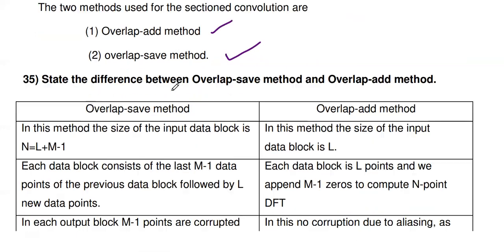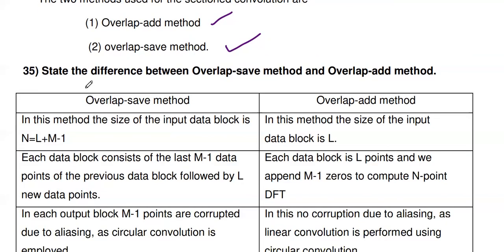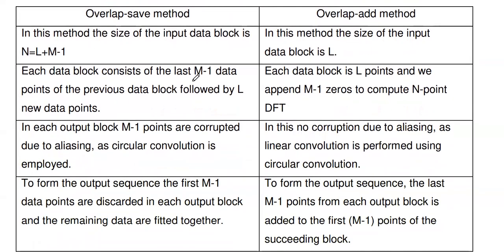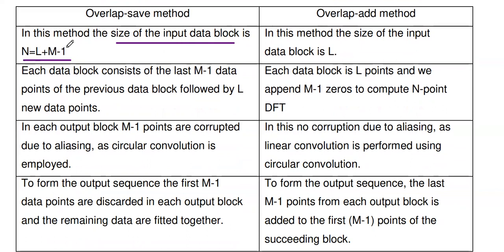And the last question: state the difference between the overlap save method and the overlap add method. There are two methods to perform sectioned convolution. In the overlap save method, the size of the input data block is capital N equal to L plus M minus 1.